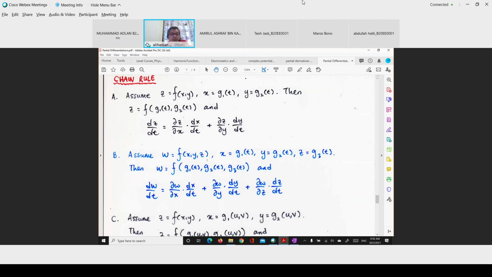Then w as a whole is a function of t. So we can calculate dw/dt according to the same chain rule in case A, but we have to add another extra term here: w partial z times dz/dt.